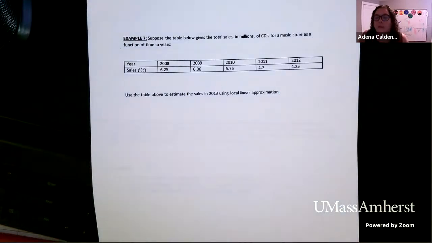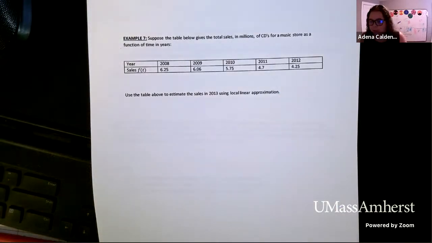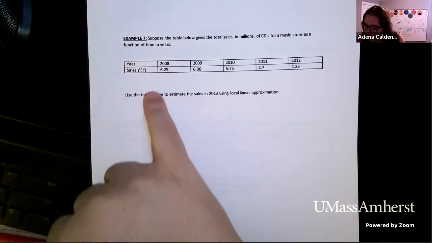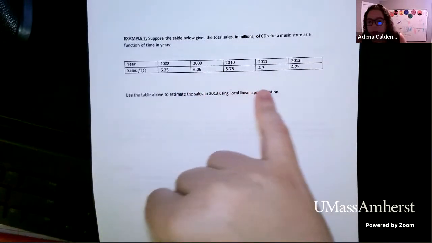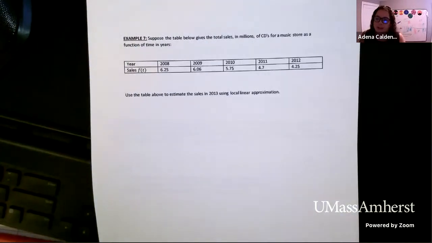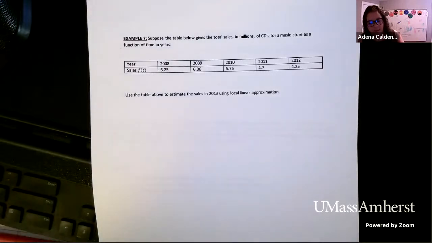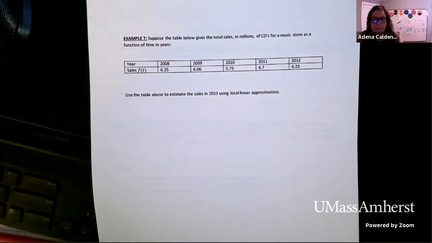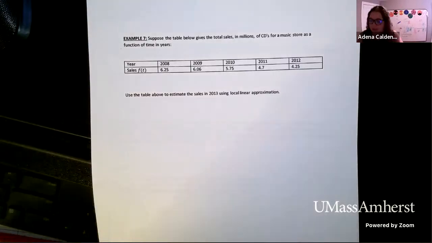In 2012, there were 4.25 million CDs sold. We can see that the number of sales is decreasing over time, which makes sense because as streaming music has come along and things like MP3s, people buy fewer CDs. Okay, that's what we're talking about in this table.